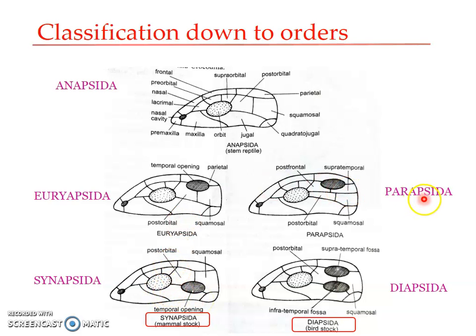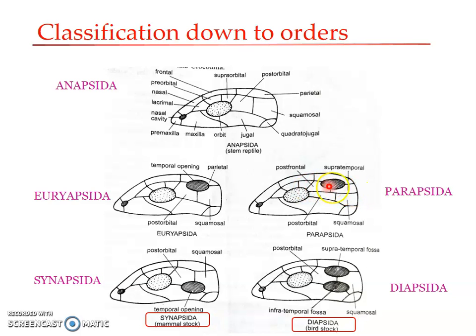Now, what about the Parapsida? In Parapsida, there is a slightly bigger difference. The position of the temporal fossa is almost similar to the Euryapsida. But instead of the postorbital and squamosal bones, there is another set of bones which has come into being in the case of Parapsida. Here you can see that just below the temporal fossa, you can find the postfrontal and supratemporal.